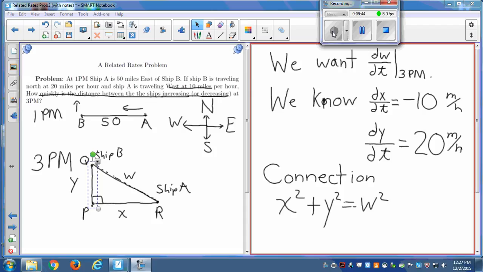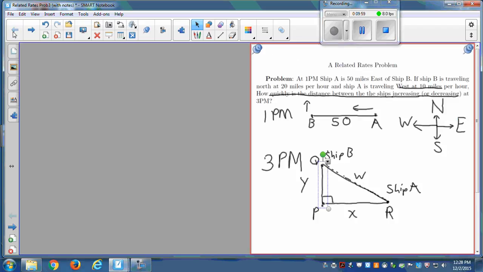And what we need to do in the next step is to take the derivative of both sides of that equation with respect to time, and that'll get us a connection between the actual rates. So let's do that at this point.